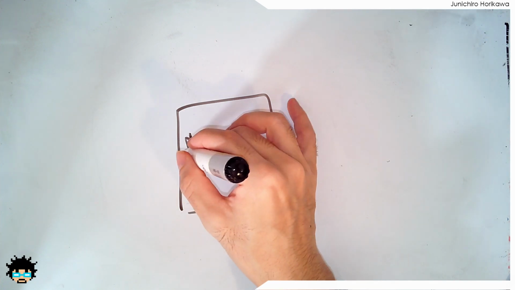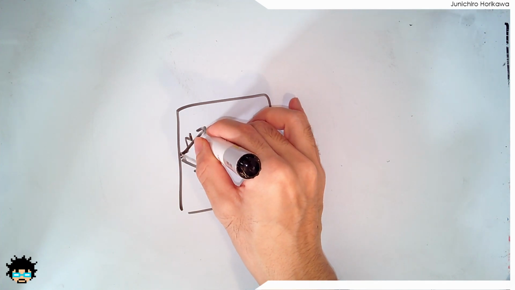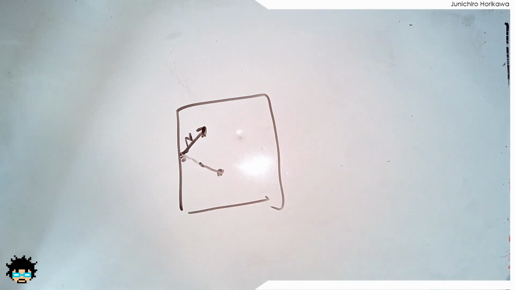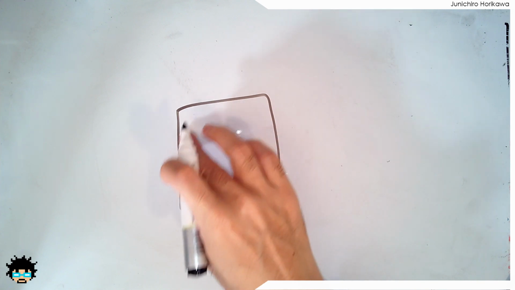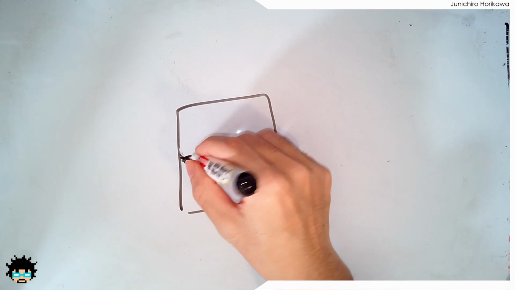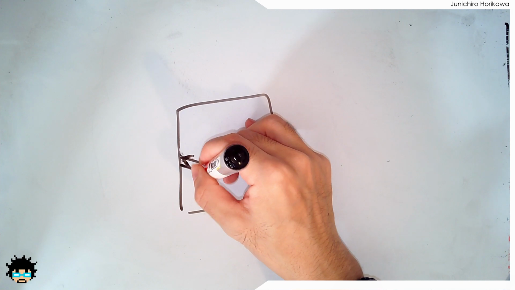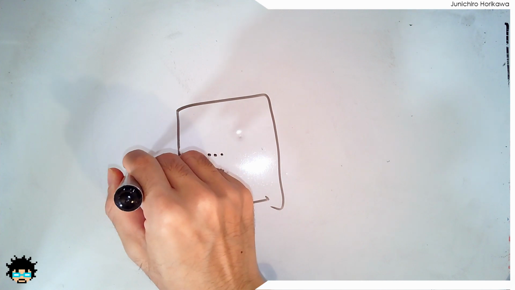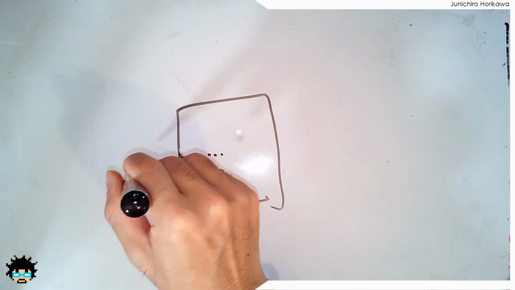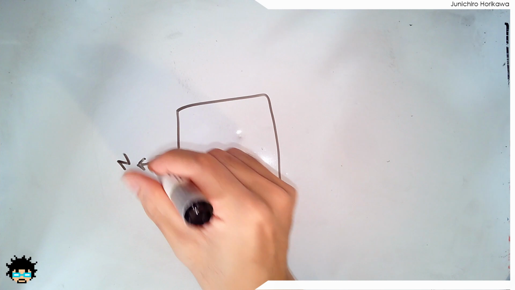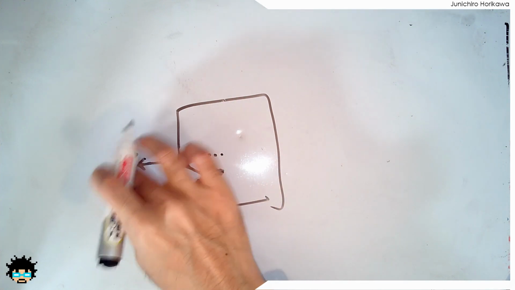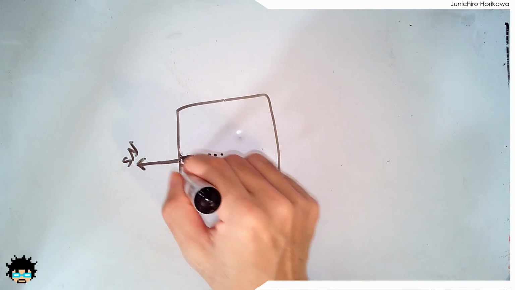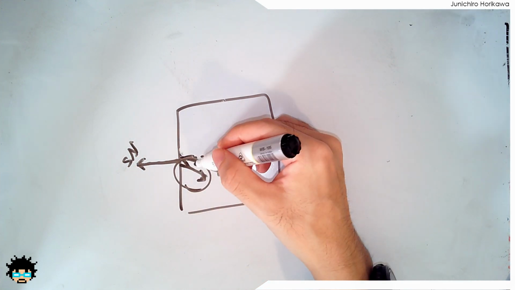But actually what we want is to make this point go this way. So to do that, we can first create an opposite direction like this. That's fine. Now we can then use the surface normal direction, let's say Sn, and use this as a rotational axis to rotate this vector by 180 degrees.